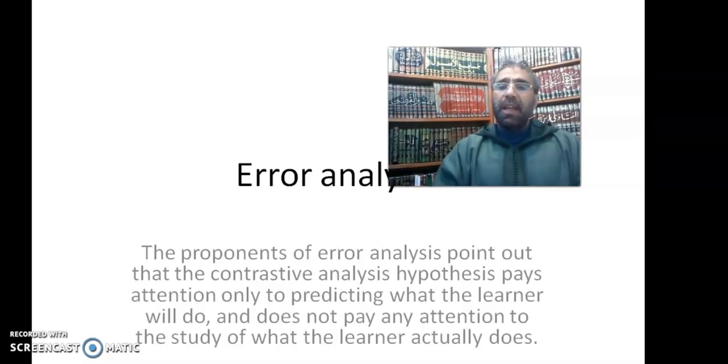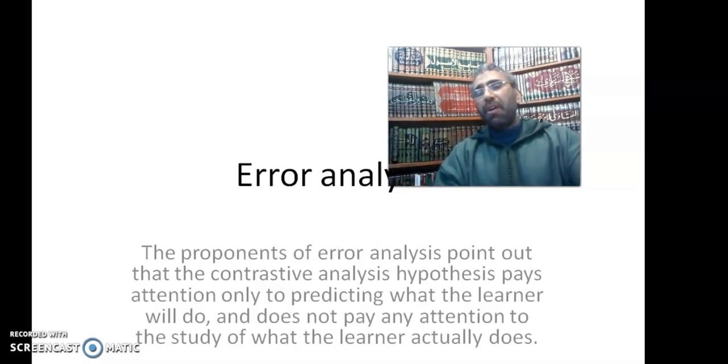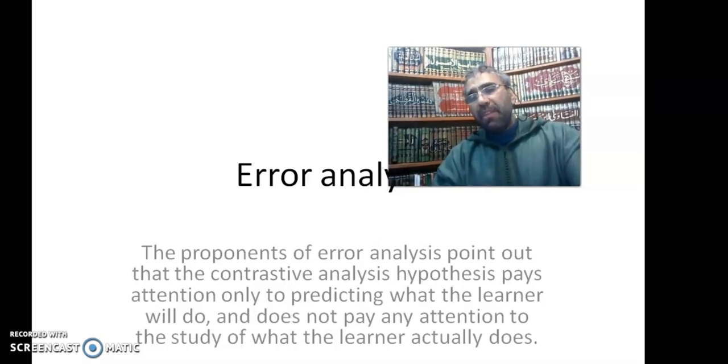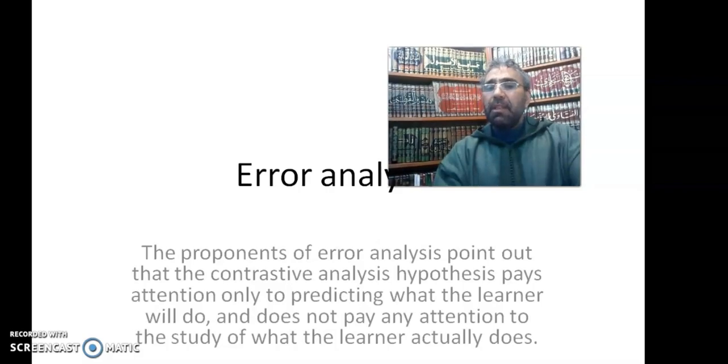But if on the other hand, the rules he or she is bringing over from his L1 happen to be different in the L2, then that's called negative transfer or interference, and that will result in the making of errors.